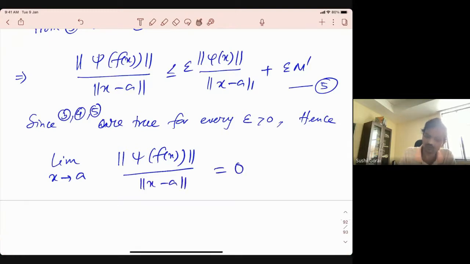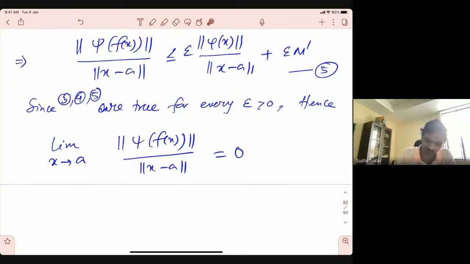Already we bounded it in terms of epsilon, so we already proved it.